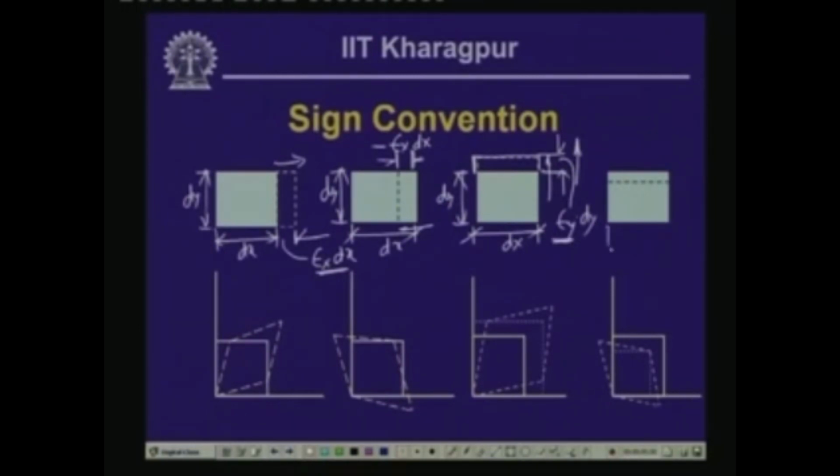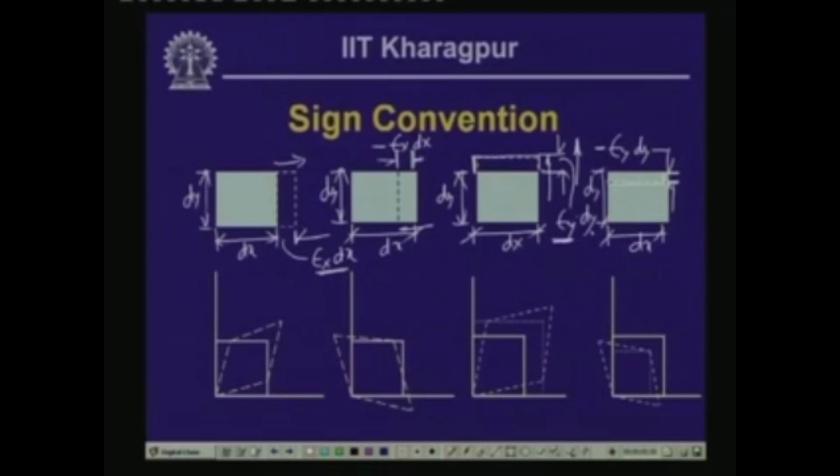In this figure again the element length is dx and this is dy. Here this part has come to this position, where again the compression of this element is equal to epsilon y dy, but since it has undergone compression, epsilon y here is negative. So, that is how we define positive and negative normal strain.